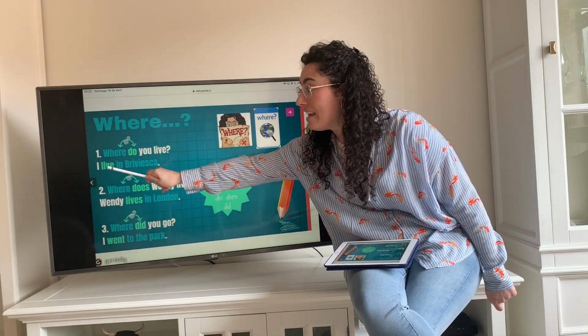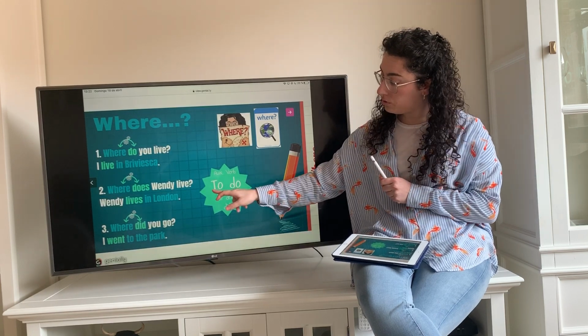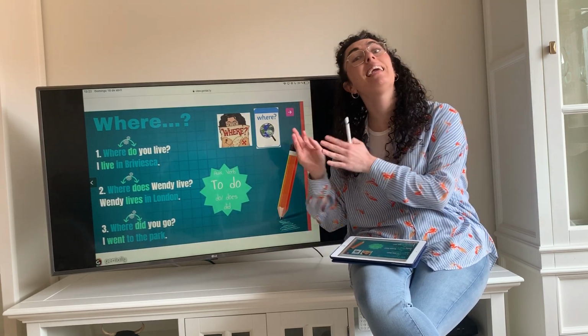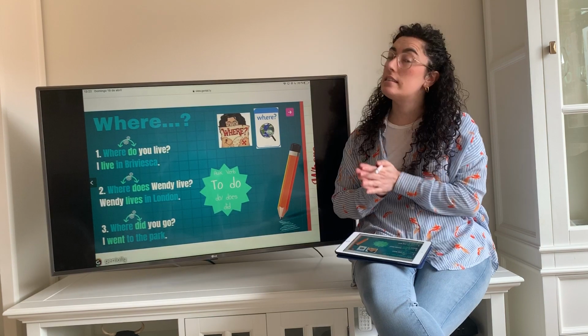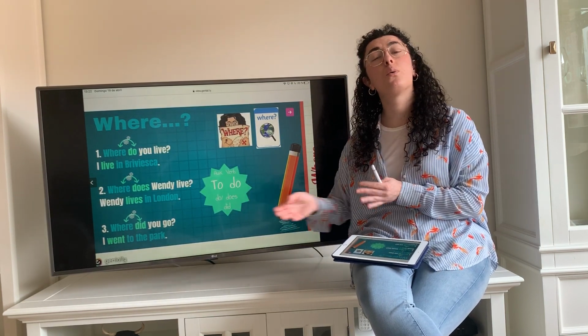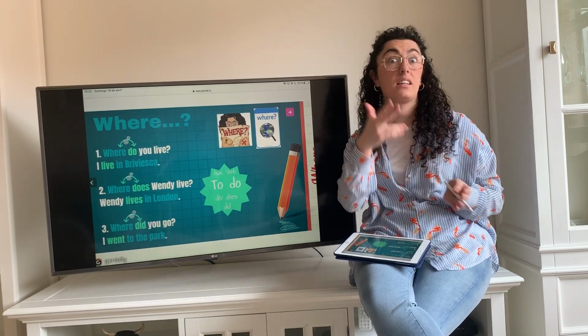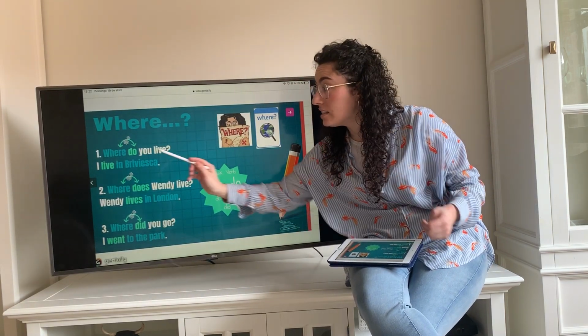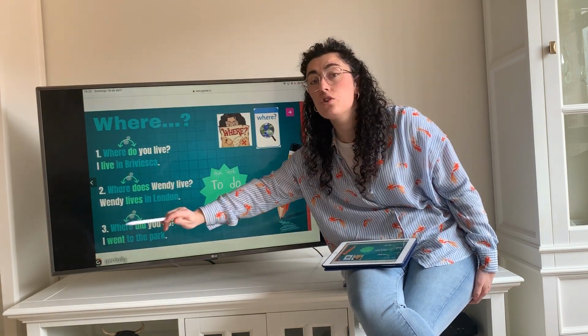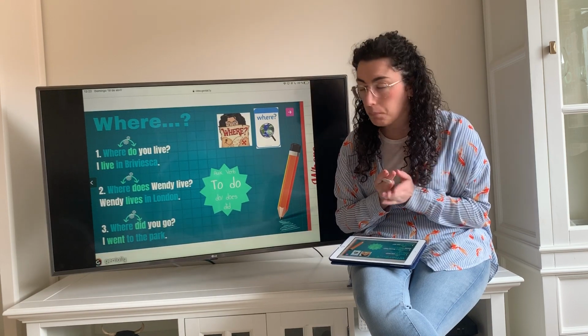If it's in the present, we need to put the auxiliary verb to do in the present. If it's in the past, we need to put the auxiliary verb to do in the past. And if it's in the present but third person, which means it has an S at the end, we need to put the auxiliary verb to do in third person.